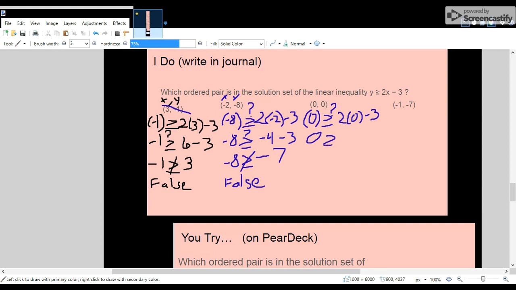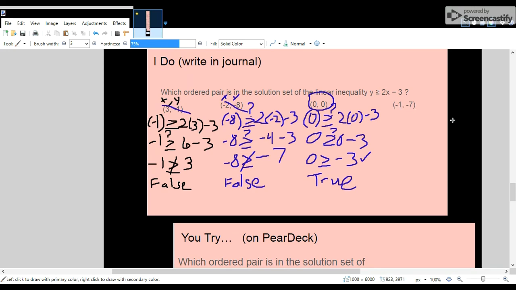Is 0 greater than or equal to 0 minus 3? Zero is greater than or equal to -3, so that's true. So we'll circle that one.